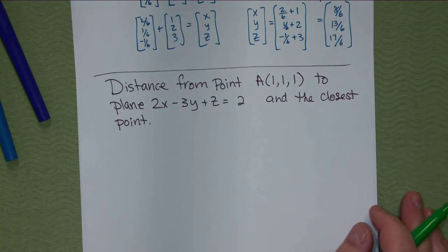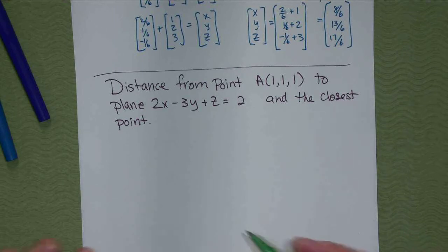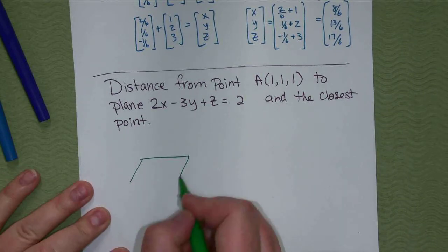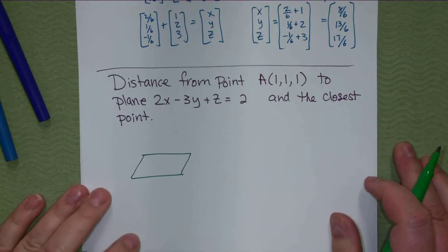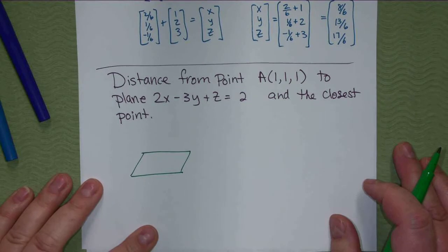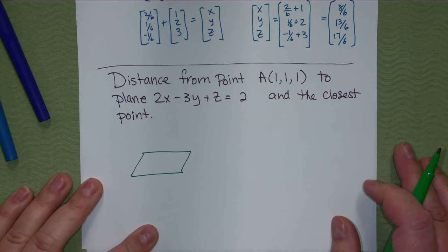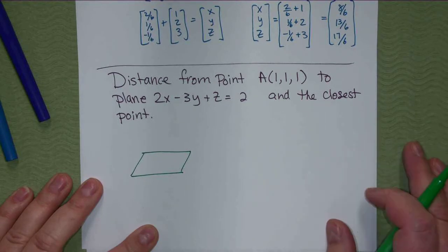So instead of just drawing a line across the page, is what I started with last time, we would draw like a plane. And then we have a point somewhere that's not on the plane. Don't draw it yet, because I always have to redraw it. I'll tell you what I make a mistake with.